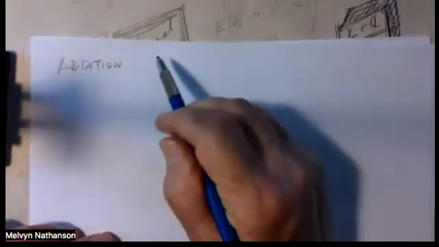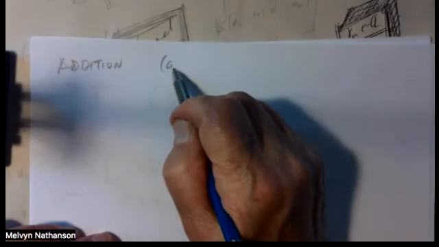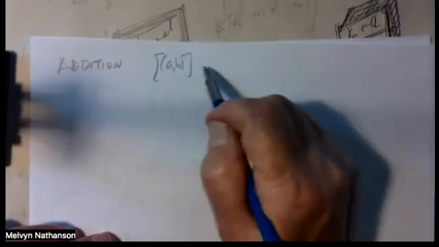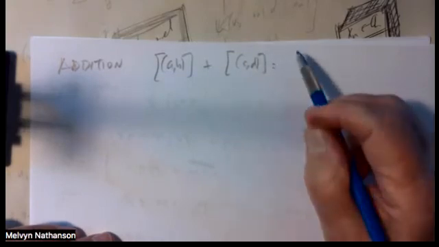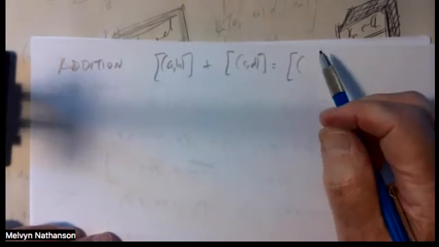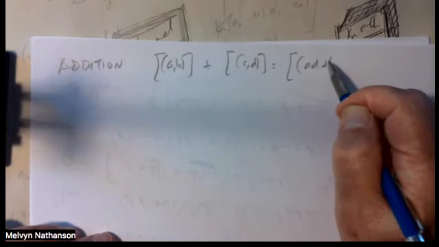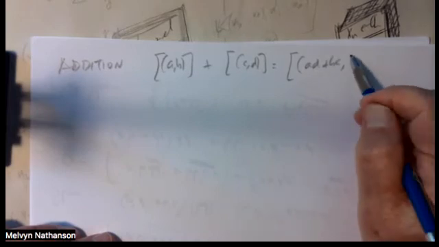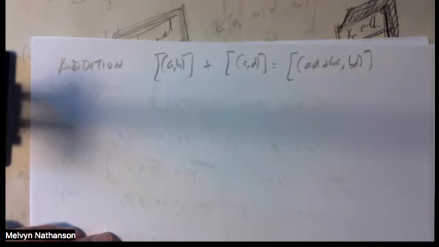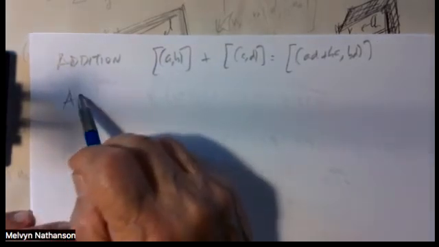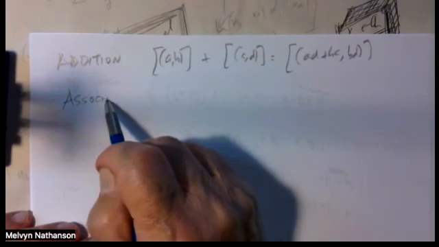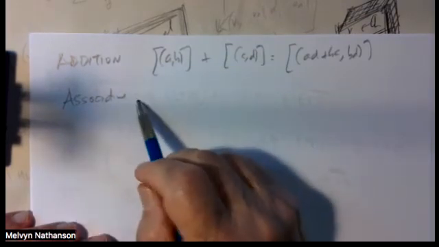So let's look at addition. Our rule is that the equivalence class of AB plus the equivalence class of CD is the equivalence class of AD plus BC, comma, BD. So is this addition associative?